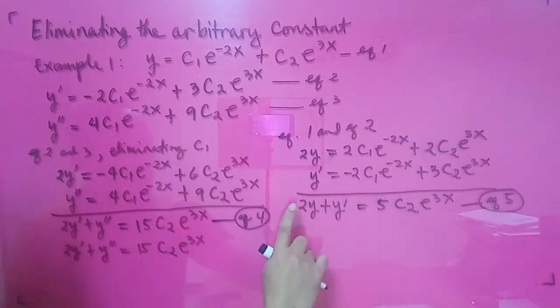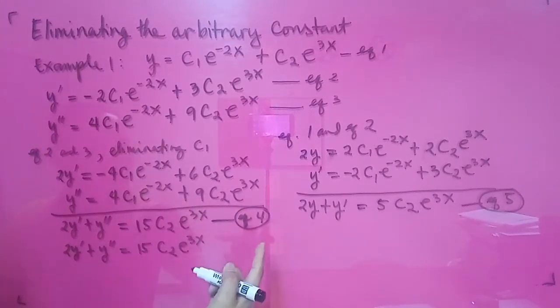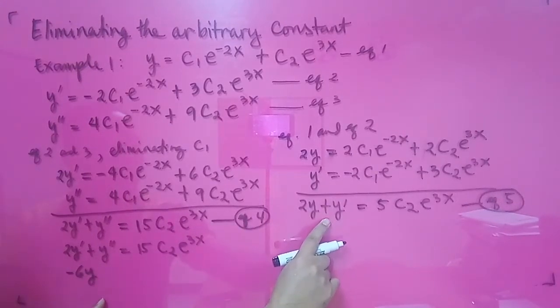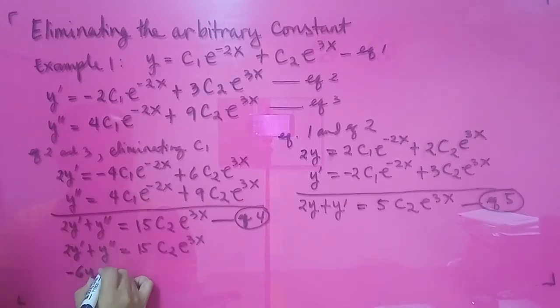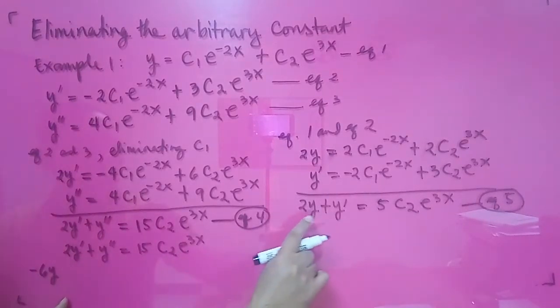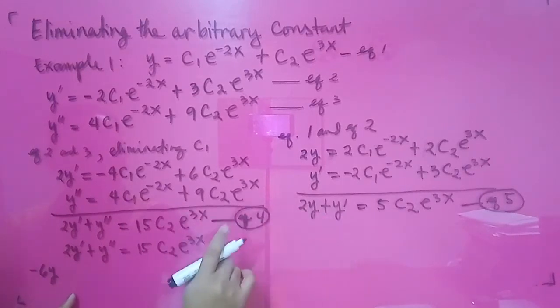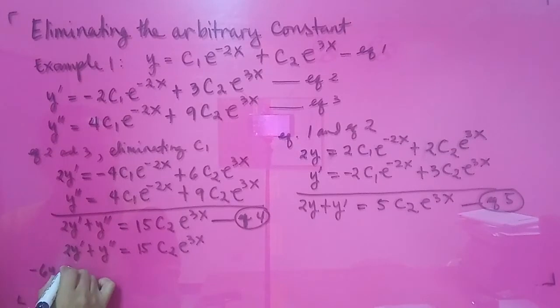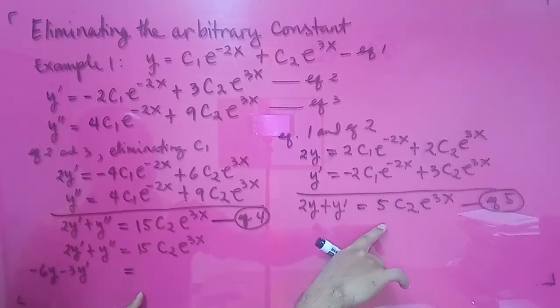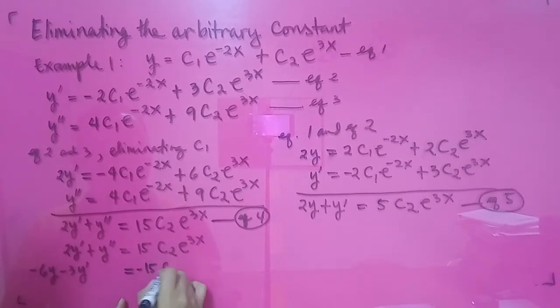This equation by negative 3, so 3 times 2, that is negative 6y, minus 3 times y prime, aligned with the other terms, which is equivalent to negative 3 times 5, that is negative 15 c sub 2 e to the 3x.